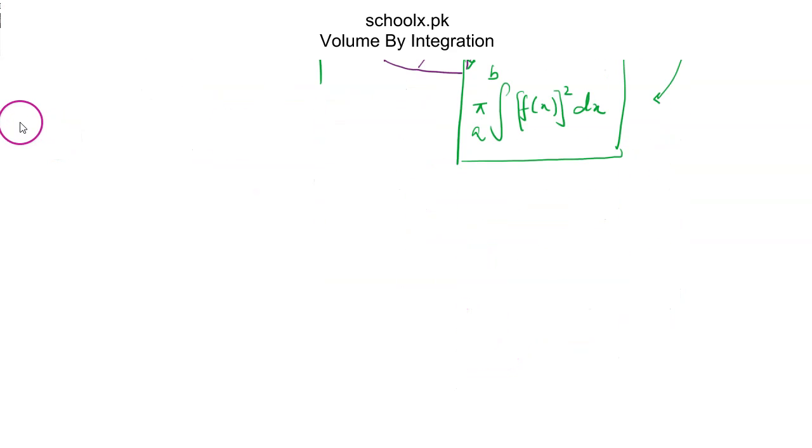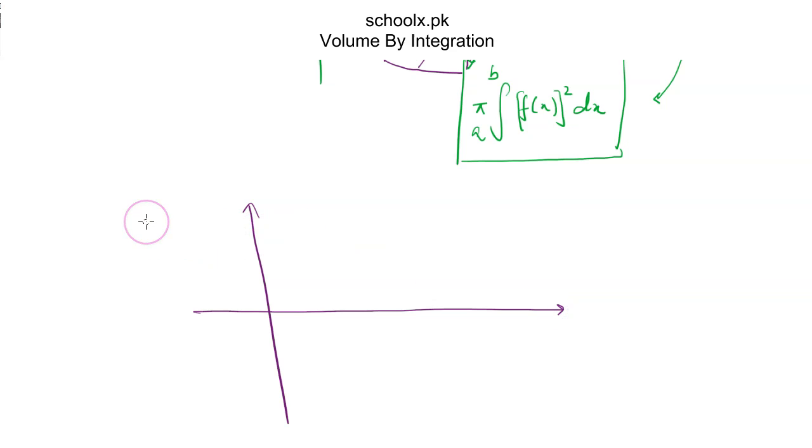Now what if they rotate the object around the y-axis? That's pretty simple too. Let's say I have the curve, this is my curve, and now A is right here and B is right here.